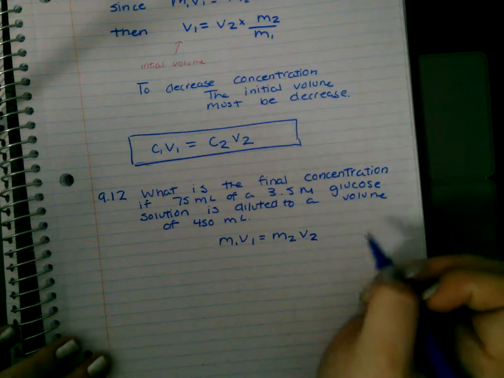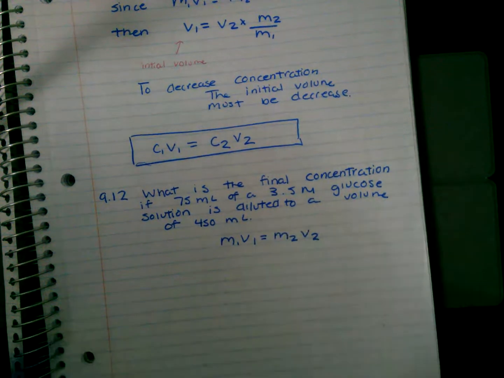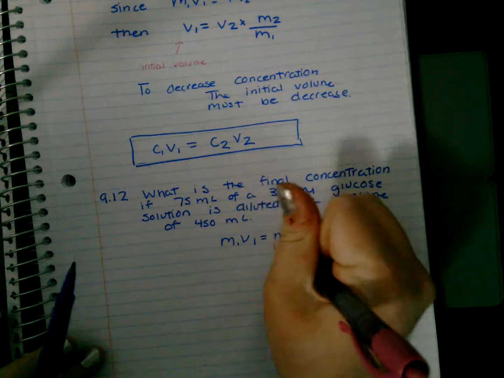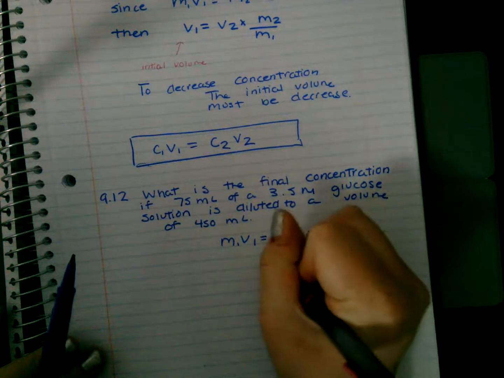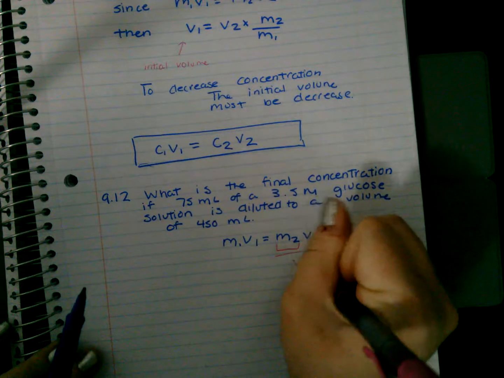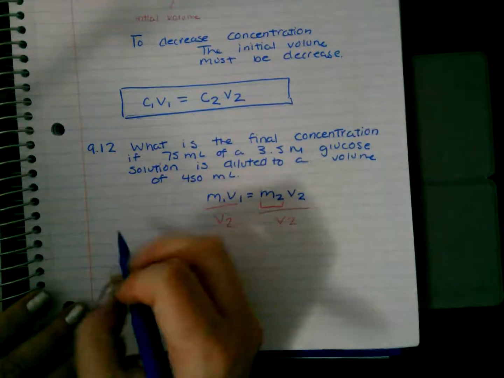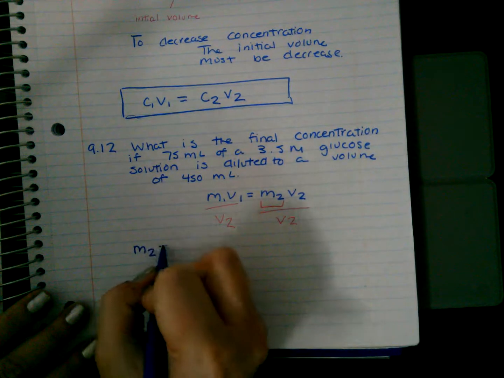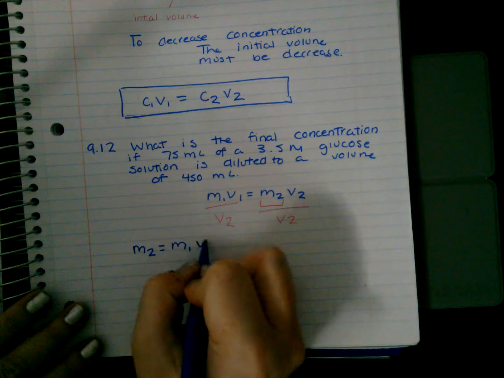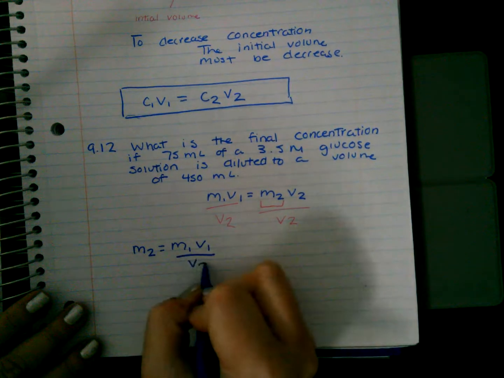But we want to solve for M2. So to do that, we're going to divide each side by V2. So the equation that we are going to use is now M2 equals M1 V1 all over V2.